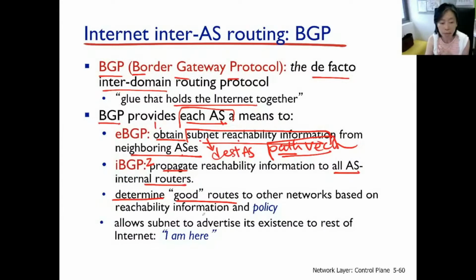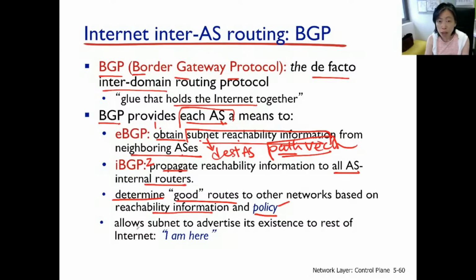The calculation can be based on what's provided in the path vector, for example the path length, or based on the policy of the organization owning the AS. This is more and more likely the case for how a router determines what is the best route. The policy can well be profit-driven, business-driven, security-driven, and things like that.